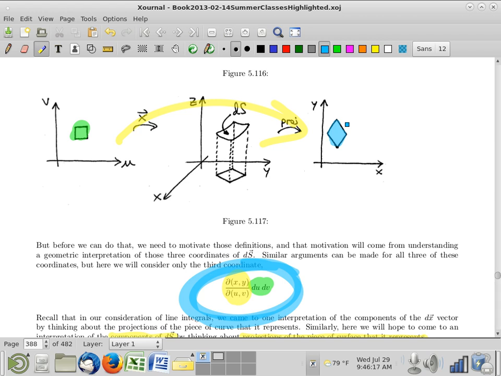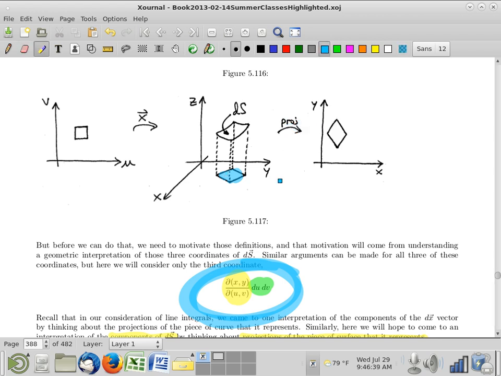And I claim, even though there's one last little twist I'm going to put on this, this is actually going to end up being very analogous to what we saw in the single variable version. Specifically, the last observation to make is that that area, the image of the projection, I can just view the projection over here in XYZ space.